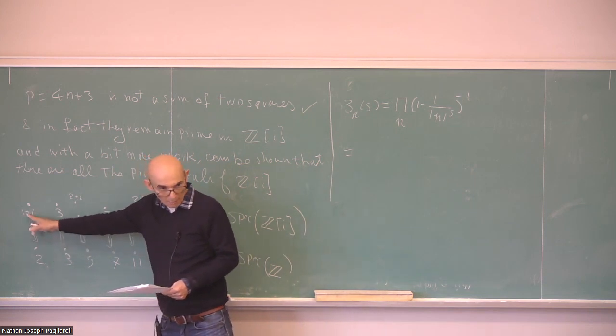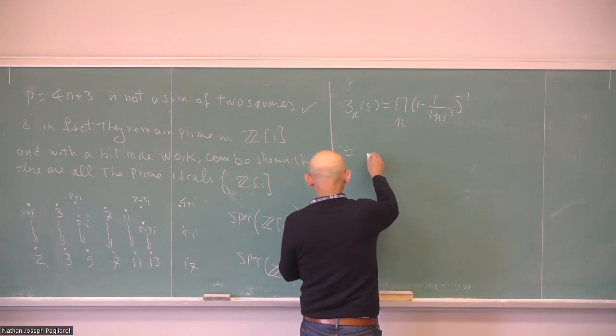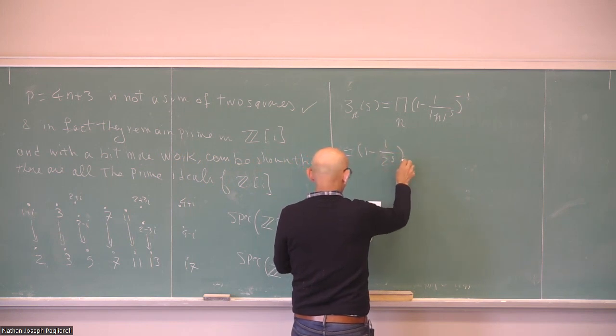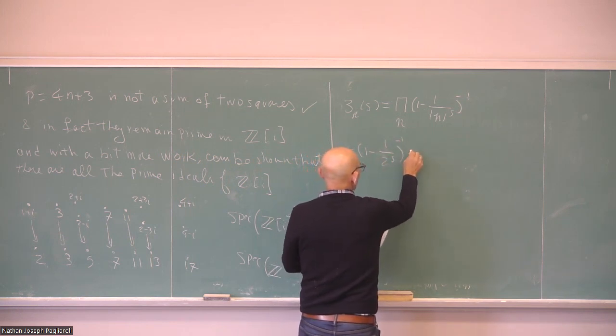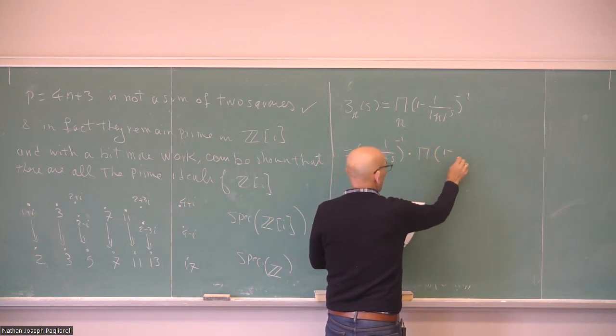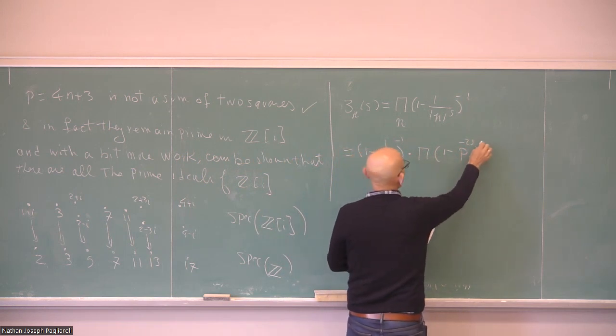I mean, the norm of this is 2. So this is equal to 1 minus 1 over 2 to the s, all to the minus 1, times a product of 1 minus p to the power minus 2s, to the minus 1.